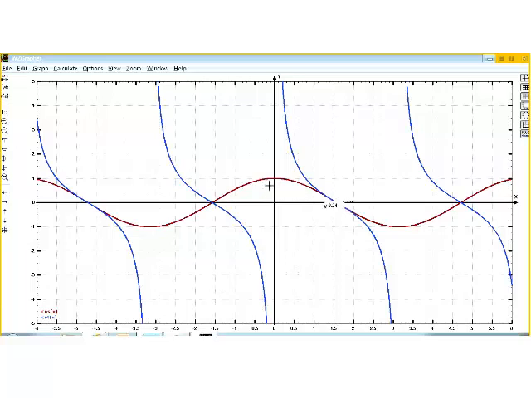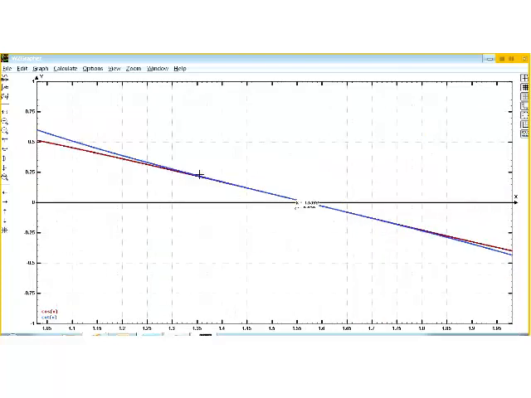So you see that they're both 0. The cosine is 0 and the cotangent is 0. And so it's indeterminate. But if you zoom in on this, you can see as you approach pi over 2, which is right here, that the two functions approach each other.